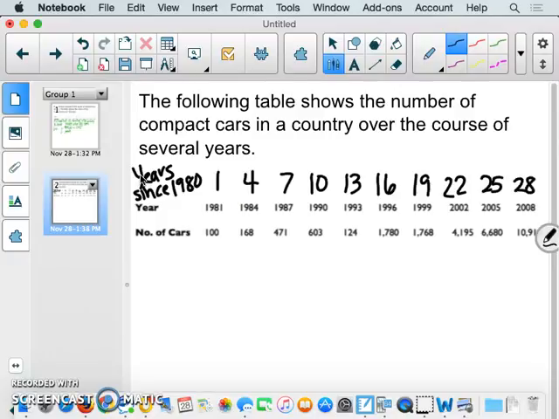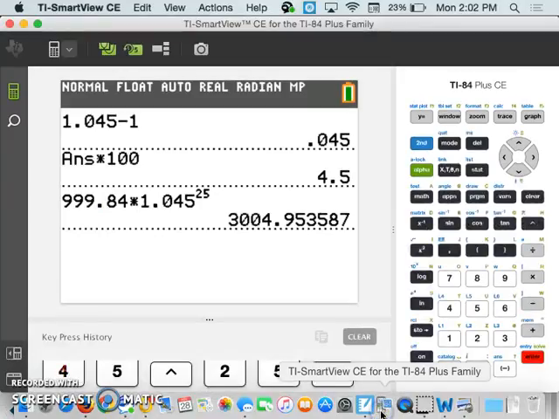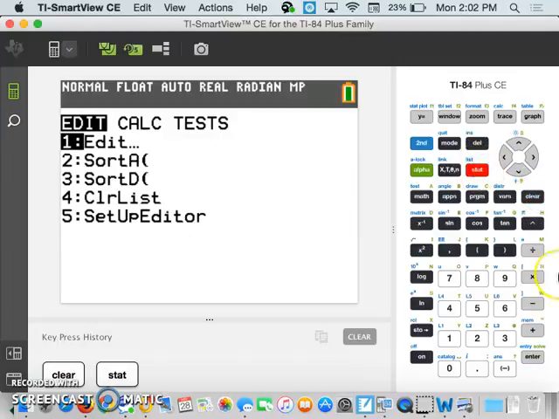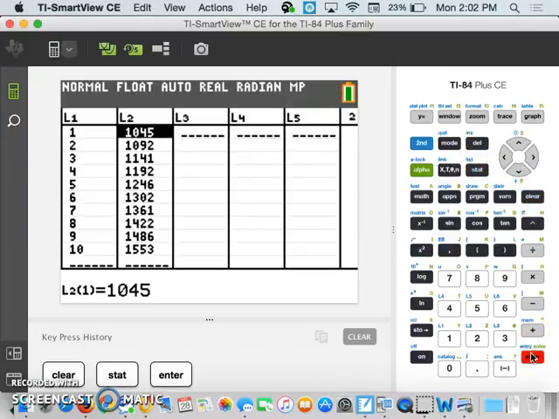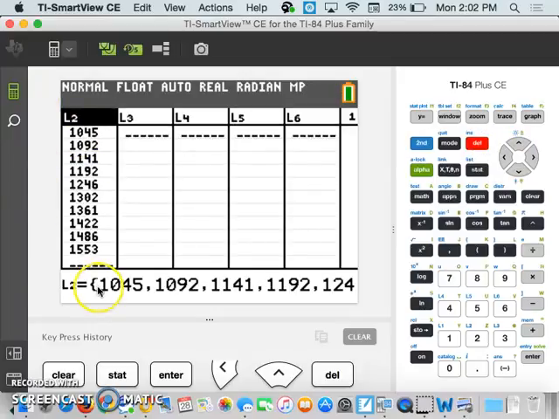So once we have those values, we want to put all of the data into our calculator. So here we have the calculator, and if you have information in your lists, remember you do not want to delete, because if you go up to L1 and you push delete, it totally just gets rid of it.